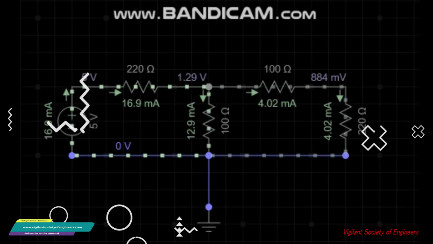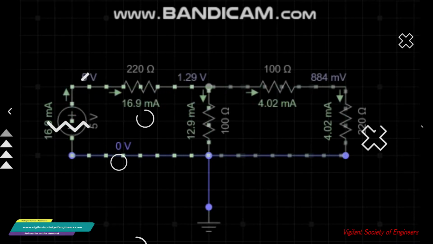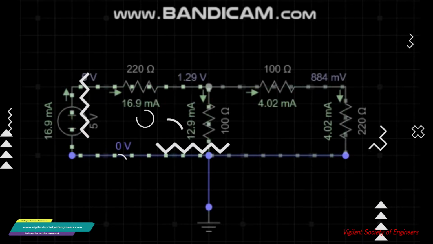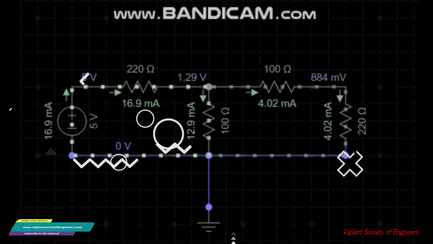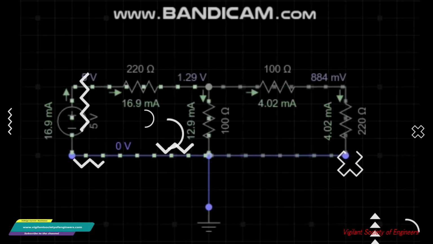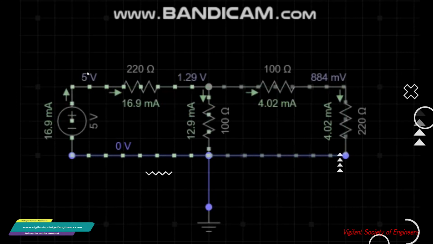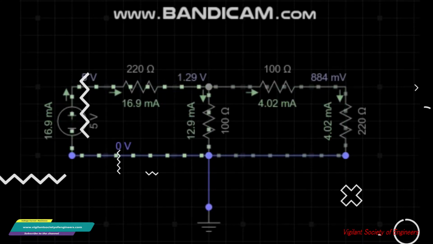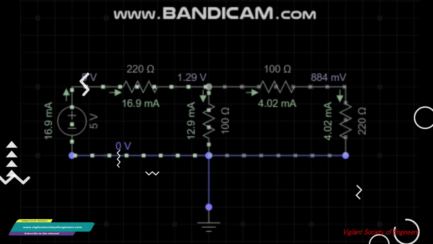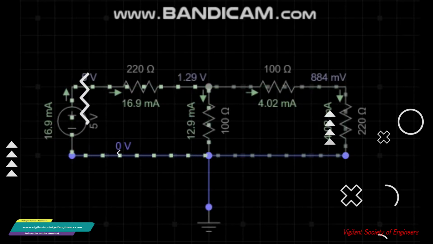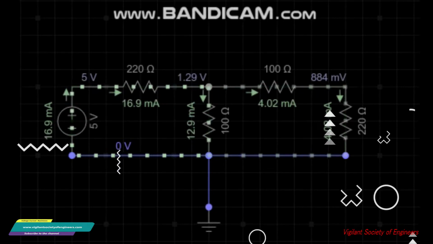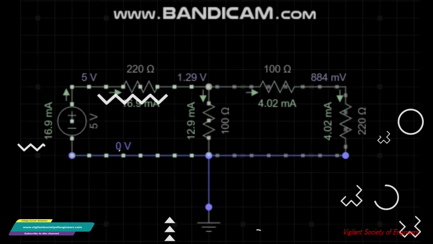All right, and the current that flows through the series parallel section is 4.02. All right, so it can be observed, but it is much better calculated by adding up the two values of resistor divided by the 1.3 volts.